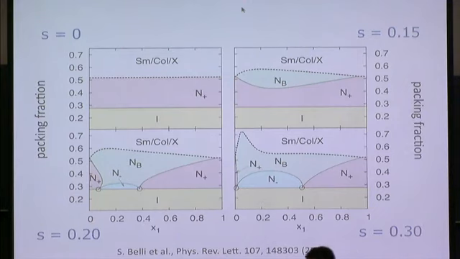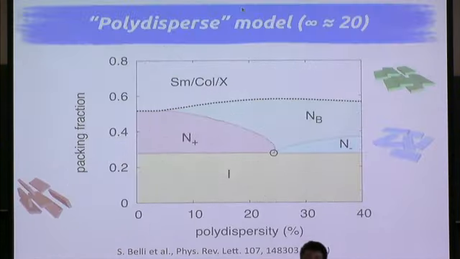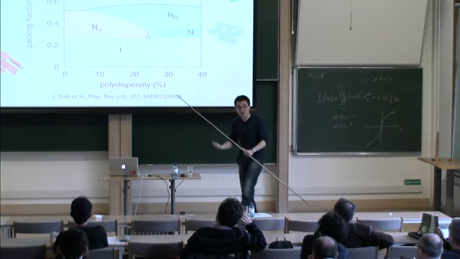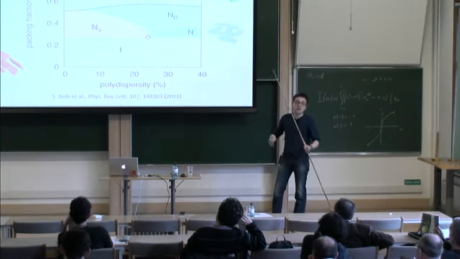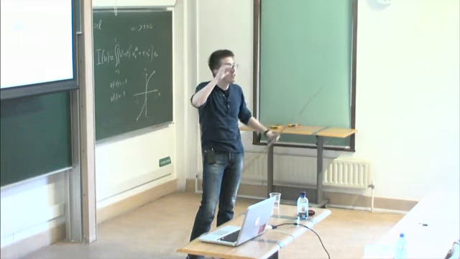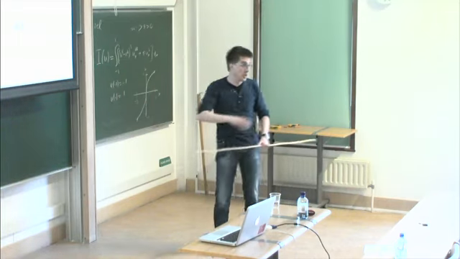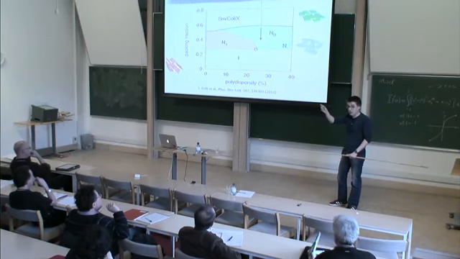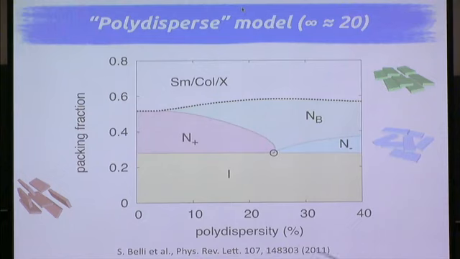We can compare this with an even more realistic model for polydispersity, not 2 as an approximation for infinity, but 20. So 20 species whose dimensions are distributed according to Gaussian distributions, as a function of the standard deviation of this distribution, which is the polydispersity.